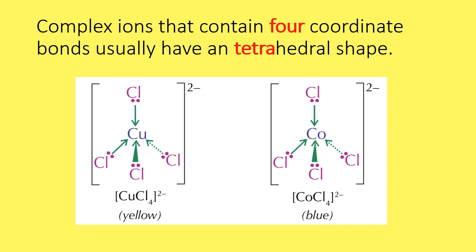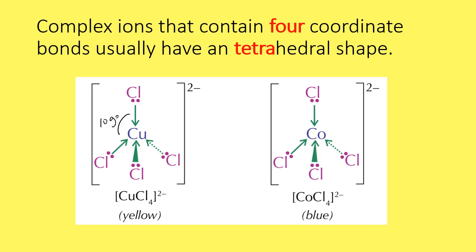This example here is the tetrachlorocopper complex, and in a tetrahedral case, especially when all our ligands are the same, our bond angles will be about 109 degrees. But if we have 2 different ligands, then it might vary from 109 a little bit.